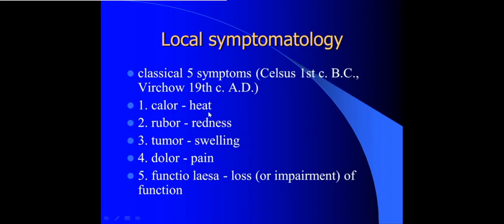This is the classical 5 symptoms: heat, redness, swelling, pain, loss of function, and scientifically they are called calor, rubor, tumor, dolor, functio laesa. Okay, so these are the 5 symptoms that occur after the inflammation. After this, the number of white blood cells and interleukin will be increased, so that they heal that inflammation.